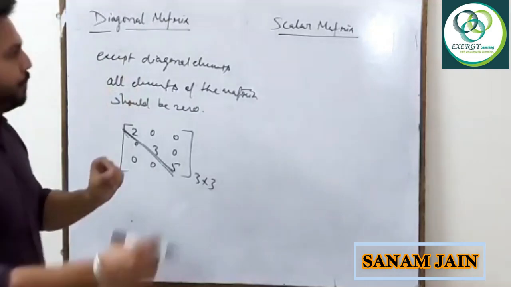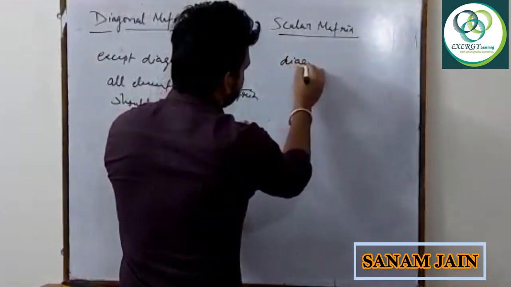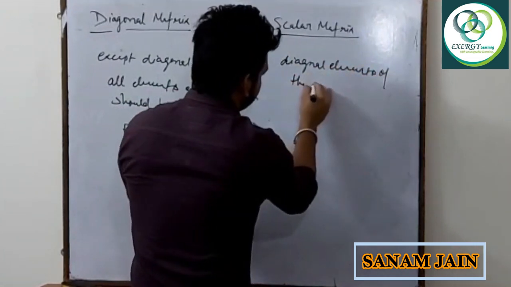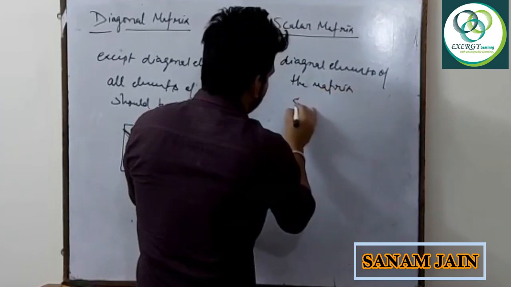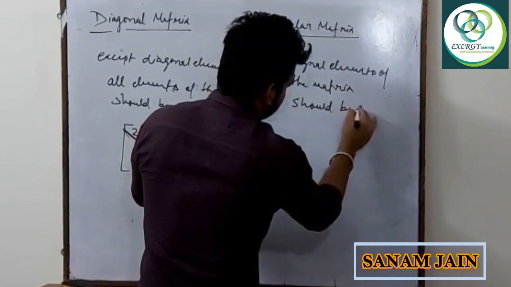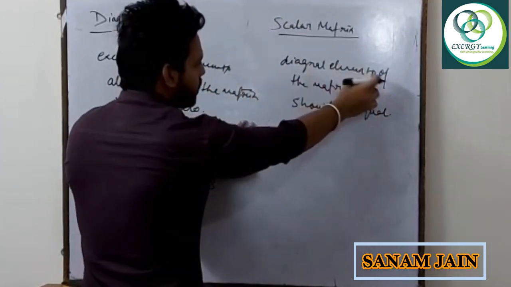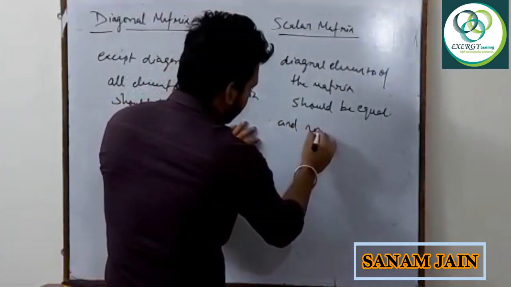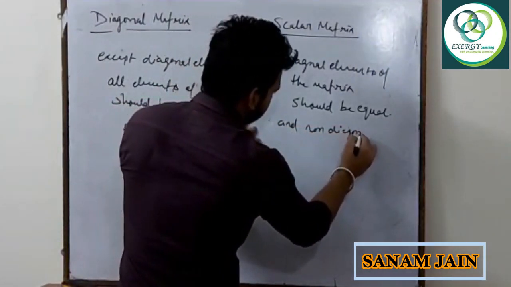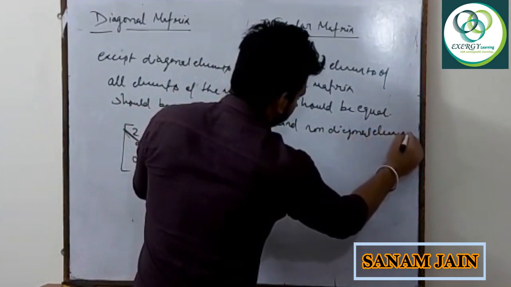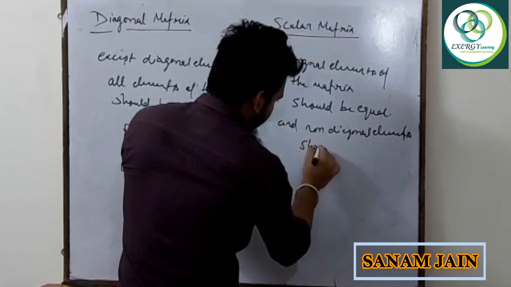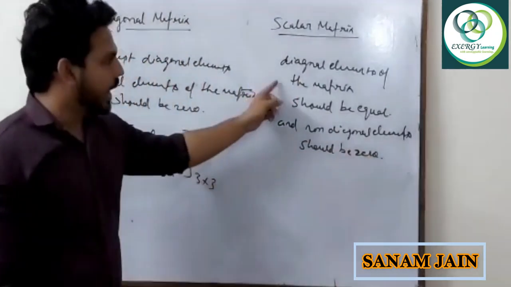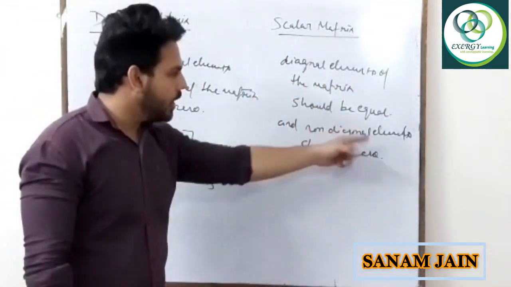But in this, the diagonal elements of the matrix should be equal and the non-diagonal elements should be 0. Okay? Diagonal elements of the matrix should be equal and non-diagonal elements should be 0.